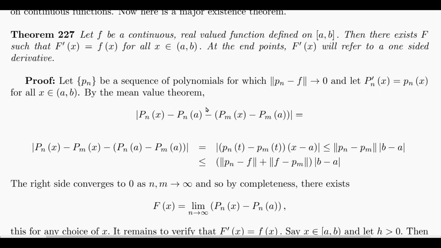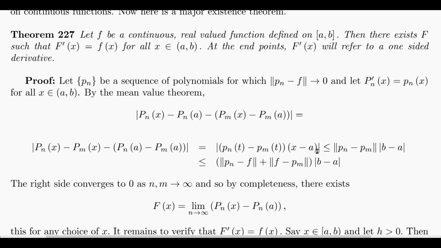Now, by the mean value theorem, if I look at this minus this, and notice that there are two different indices, m and n here, I can rearrange the order here and write it this way. And now that is p sub n of t minus p sub m of t times x minus a for the inside here. And this is just by the mean value theorem.